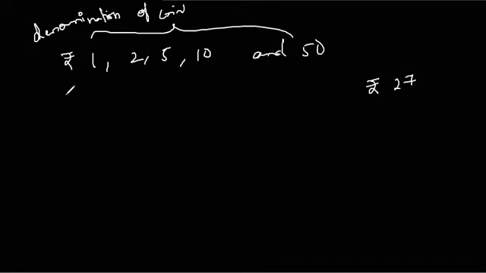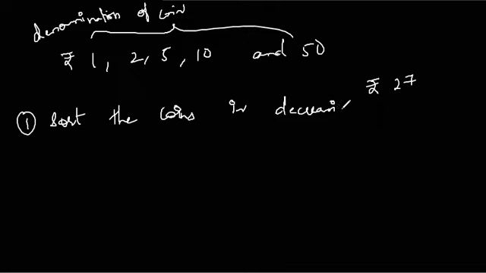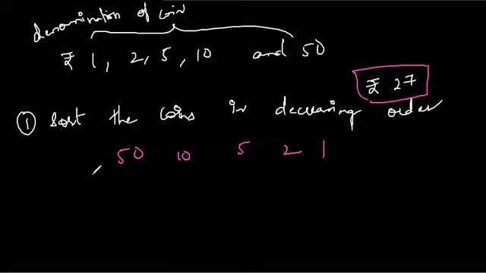Now, how will you select which coins to give such that you use the minimum number of coins? First and foremost, sort the coins in decreasing order. Decreasing order will be 50, 10, 5, 2, 1. The amount to be paid is 27.